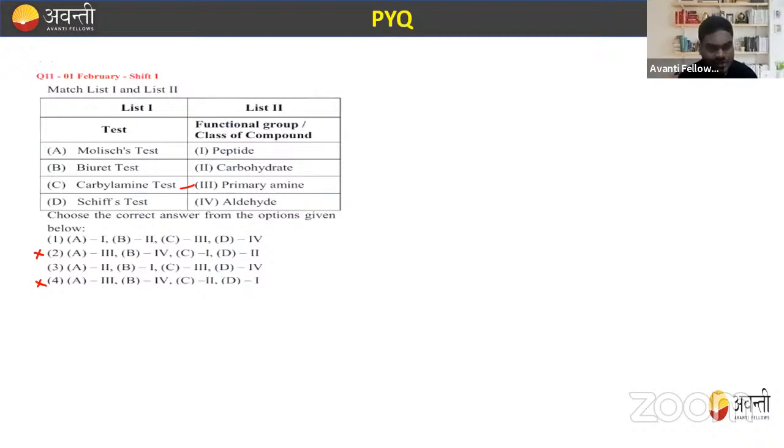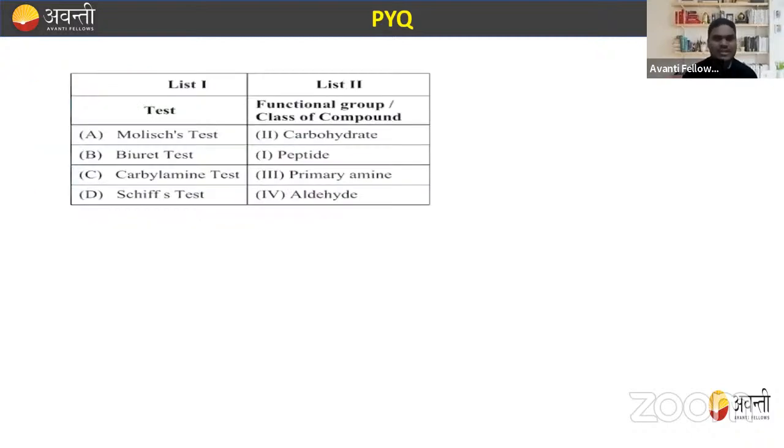Now, moving on, the Schiff test. What is the Schiff test basically used for? It is used for aldehyde. Let's see the solution behind this.